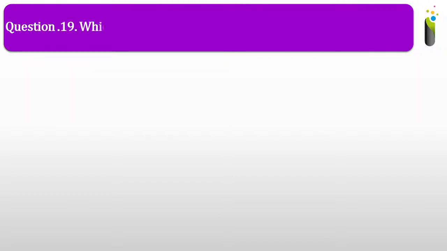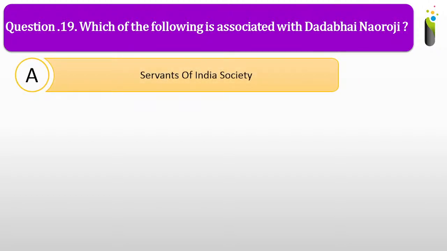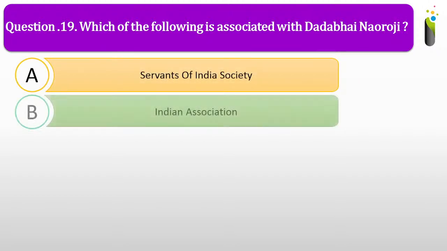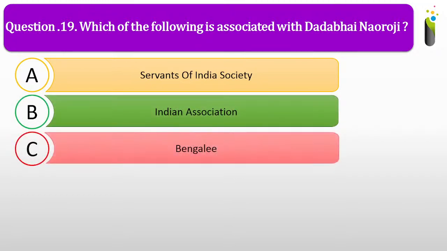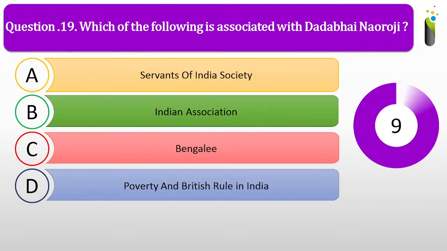Question number 19. Which of the following is associated with Dadabhai Naoroji? A. Servants of India Society, B. Indian Association, C. Bengali, D. Poverty and British rule in India.